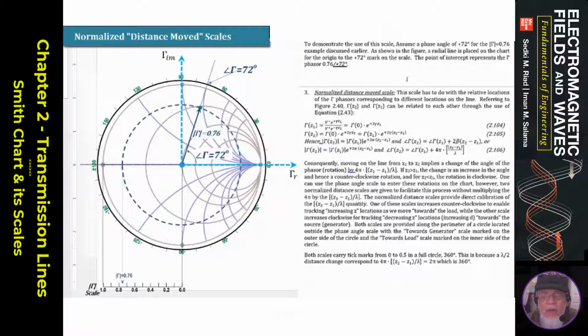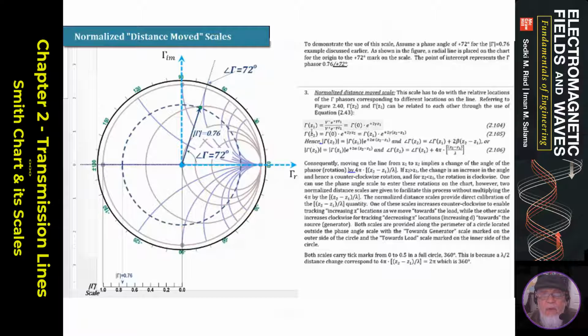Normalized distance moved scales. The idea here is, if you know gamma at some location, you can always relate it to gamma at some other location because of this equation right here. Gamma at any location is equal to the ratio between the minus wave over the plus wave. Gamma at some other location is going to be the same ratio.